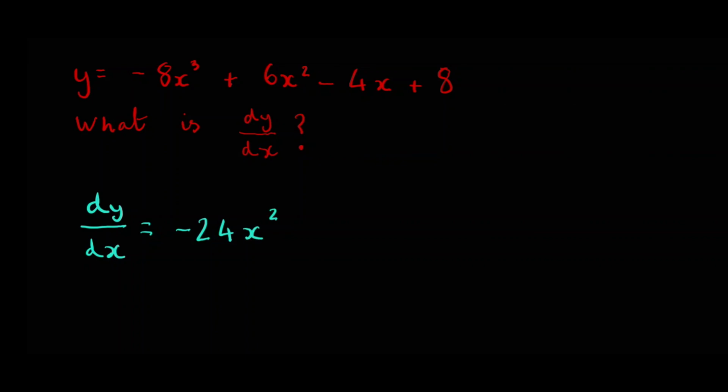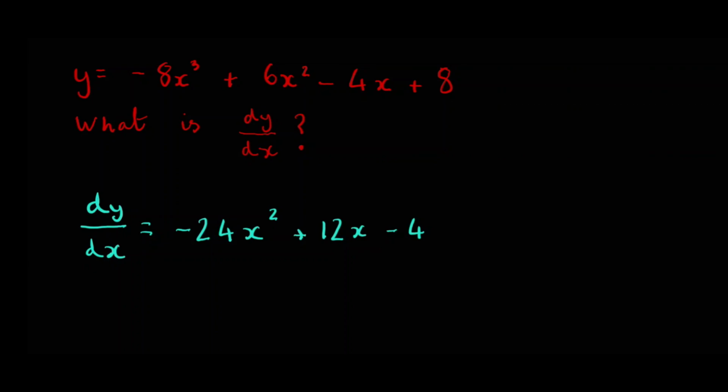Then next we have 6x squared, so that becomes 12x. Next we have negative 4x, which just becomes negative 4. And 8 is a constant, so it just becomes 0, so we just leave it out. So your final answer is going to be negative 24x squared plus 12x minus 4.